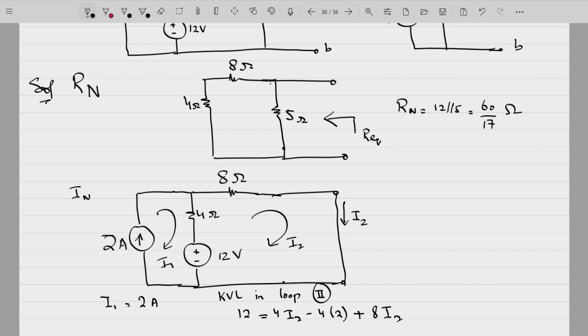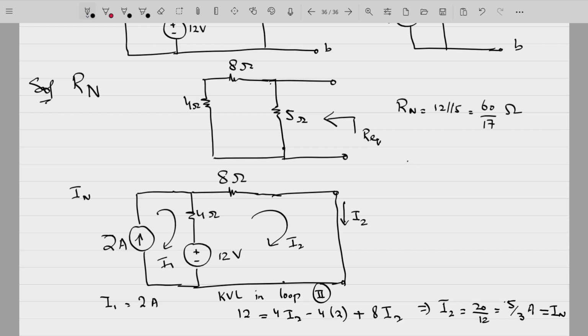So this is I2 actually. So what will be the value of I2 from here? 12I2 is equal to 20 by 12, 5 by 3 amperes. So this I2 is your short current through the short circuited end. That will be now your IN.